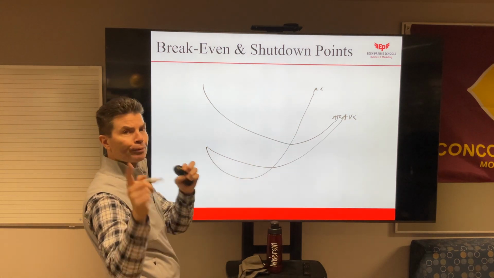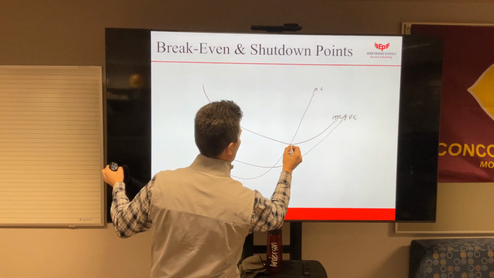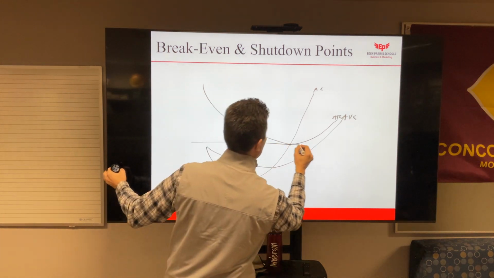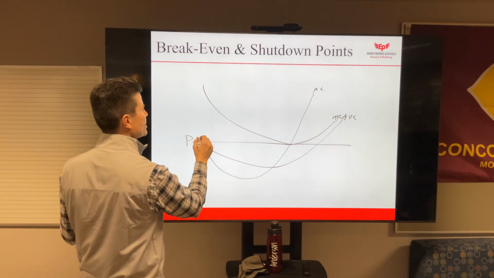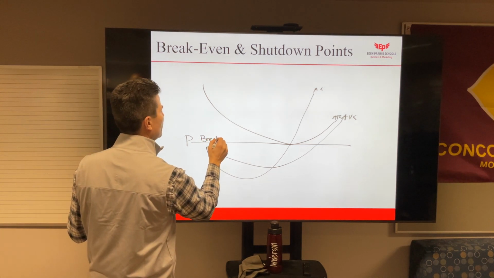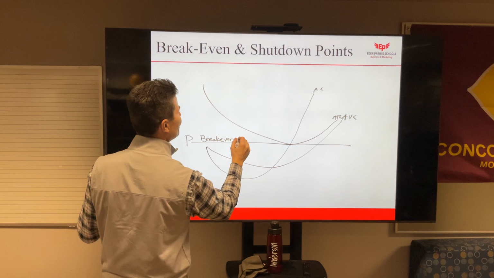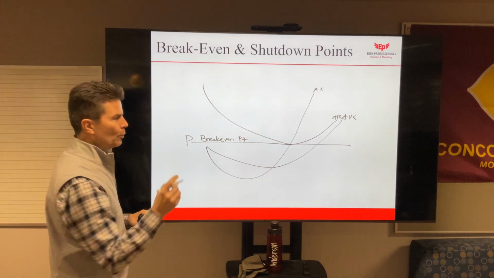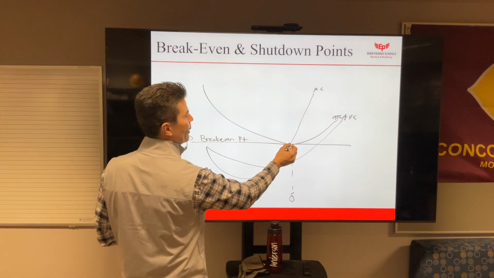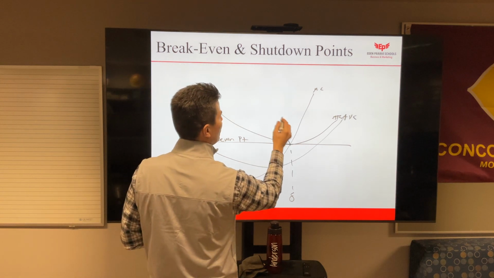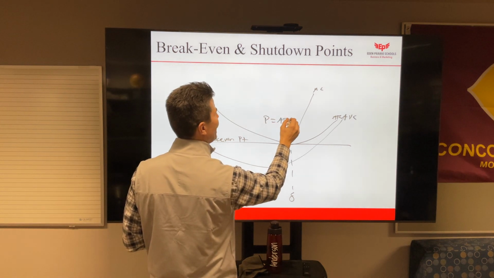But if your price ends up being right there, well, this is an example. This is called your break-even point. The reason is because at this quantity down here, my price equals ATC.